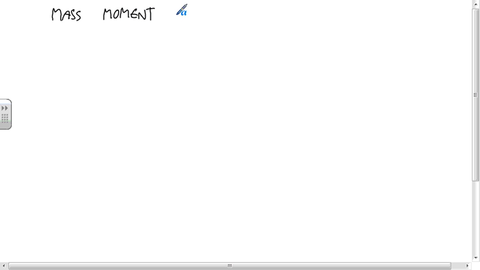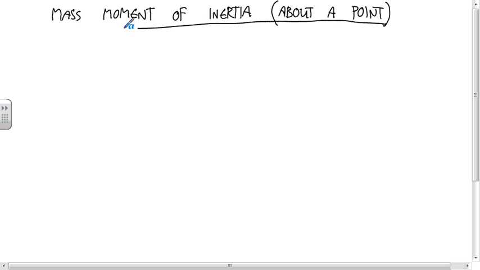So the mass moment of inertia, and the mass moment of inertia, just like the moment does, has a point associated with it. It's not defined until you choose that point, so I'm going to put this in parentheses, but most people, when they're talking about it, just call it the mass moment of inertia, or even just the moment of inertia.